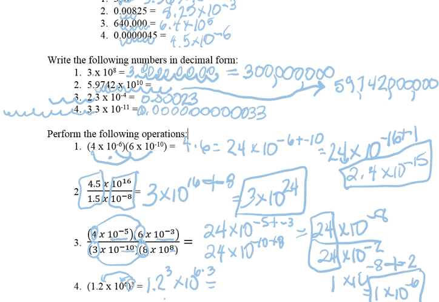So in my calculator, I'm going to do 1.2 to the third power. And I have 1.728. 6 times 3 is 18. This is already in scientific notation because I have a number in front of the decimal that's a 1. So I am good to go, and that's my final answer.